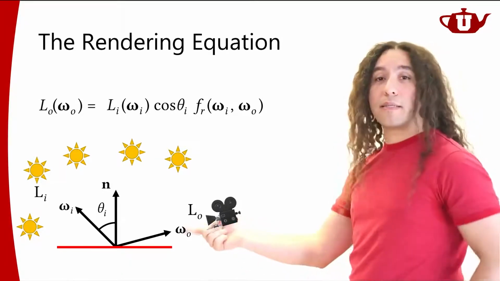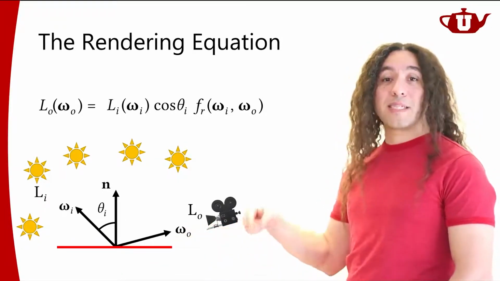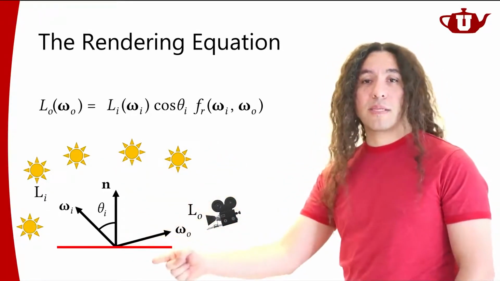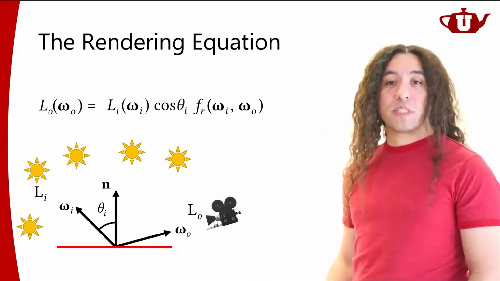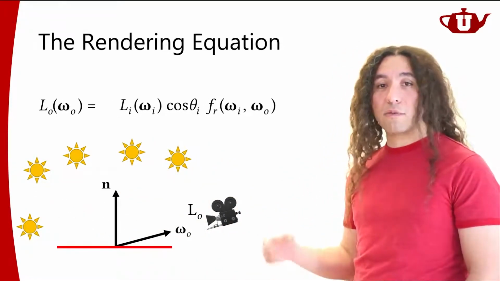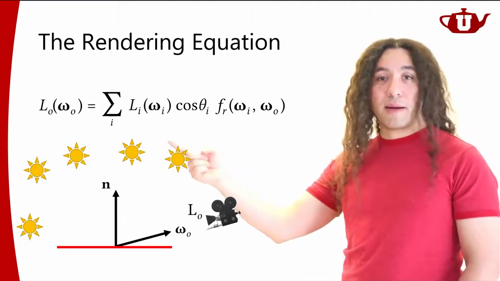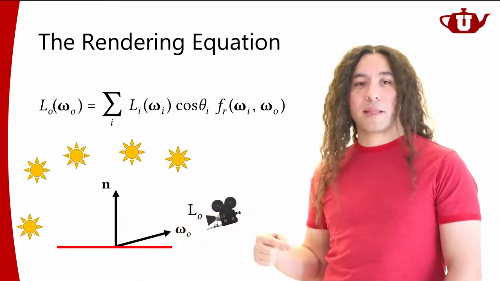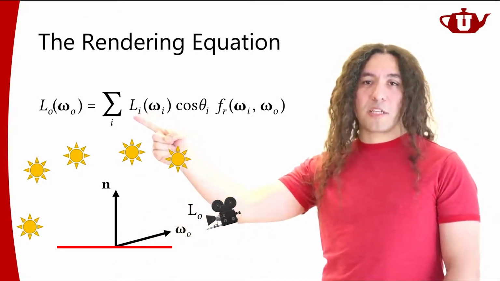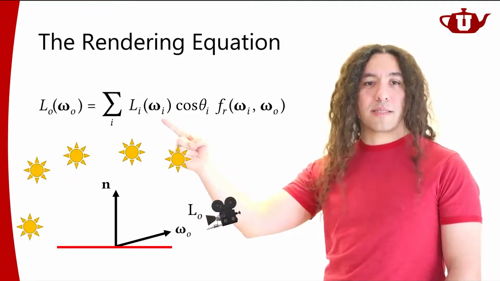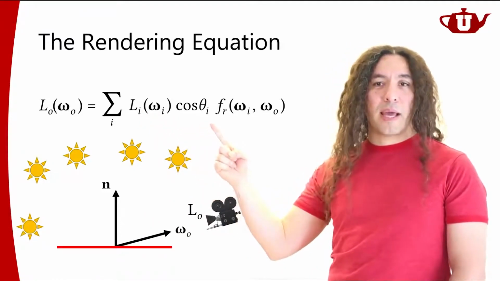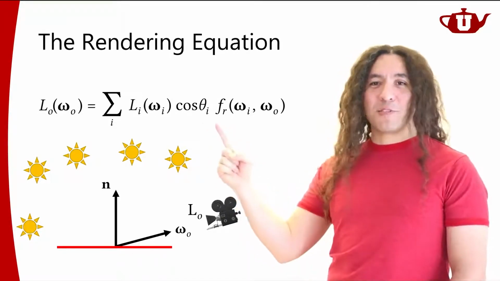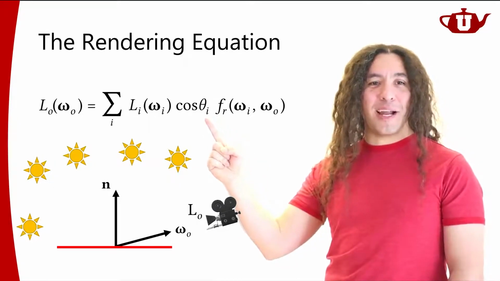So the reflected light along this direction is going to be the sum of all light hitting this point from all of these light sources, and all of them reflecting in this particular omega_O direction. So I can write it as a sum like this, right? Sum over all I. I do a sum over all light sources, and I find out how much light is coming from the light sources along their light directions. And I'm going to multiply them, of course, by their own geometry term, theta_I. That's the reason why I put an I here when I wrote theta_I.